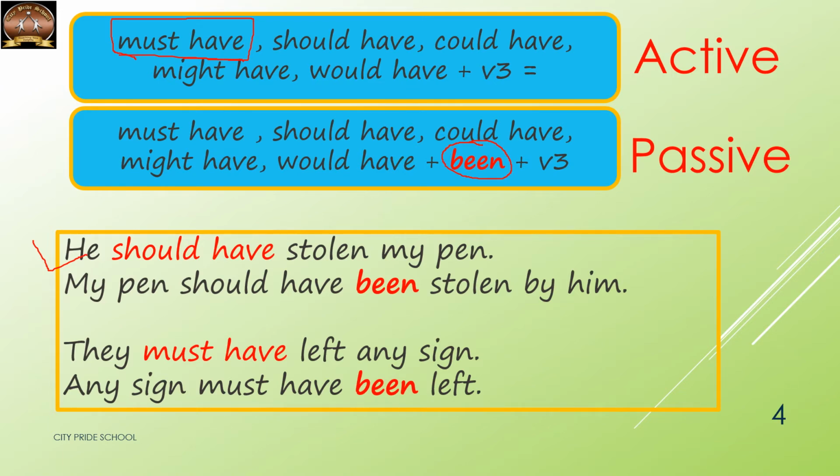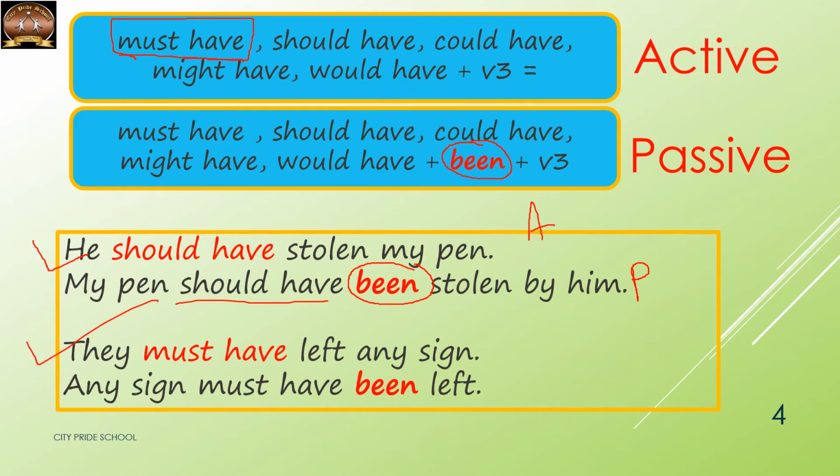My pen should have been stolen. Simply add been after this combination and you have changed active voice into passive voice. So easy, children. Now what you have to do is learn these rules, the structure, and it's going to be very, very easy. Make a nice chart of rules and learn them by heart.